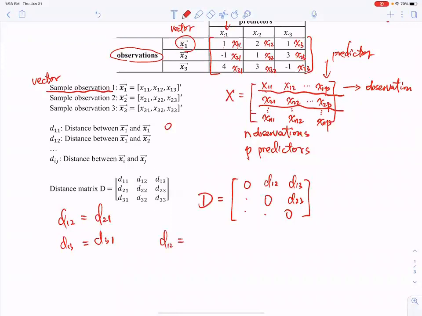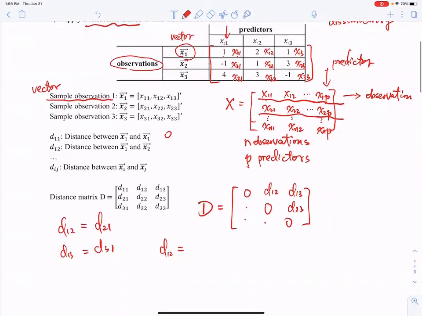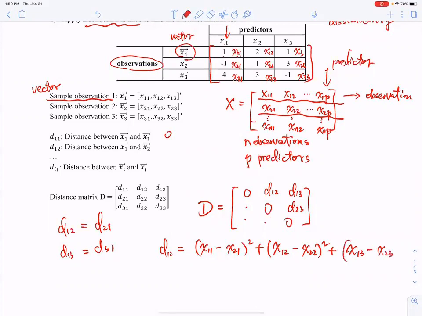Let's try to calculate D12. We have x11 minus x21 squared, plus x12 minus x22 squared, plus the first observation, third predictor, not plus, minus x23 squared.